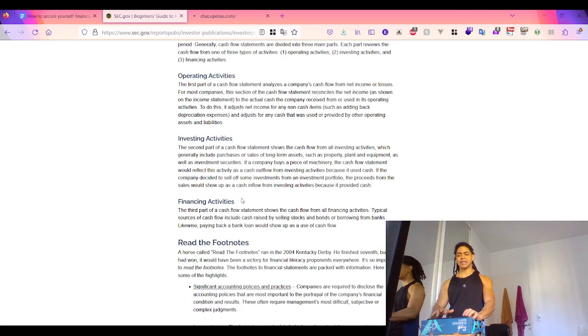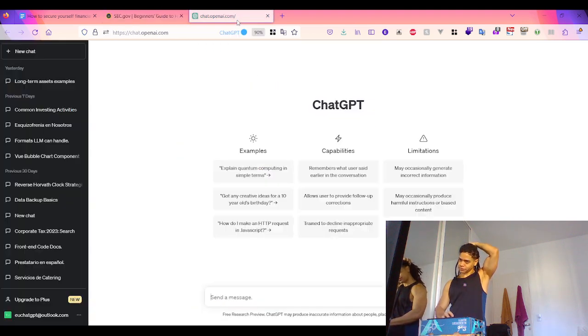Give me an example of long-term assets, because after all, the investing activities review the cash flow from all of this activity, which, according to the Beginner's Guide to Financial Statements, generally includes the purchase or sale of long-term assets.